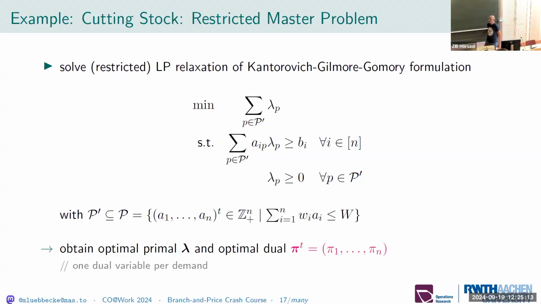Yes. I cannot use half a pattern, but what do we do with an LP relaxation? So then we have to branch. This is what comes around 2 o'clock, I would say. Yes, but you're totally right. Thanks for this, because I cannot stress it enough. It's an LP solving technique.